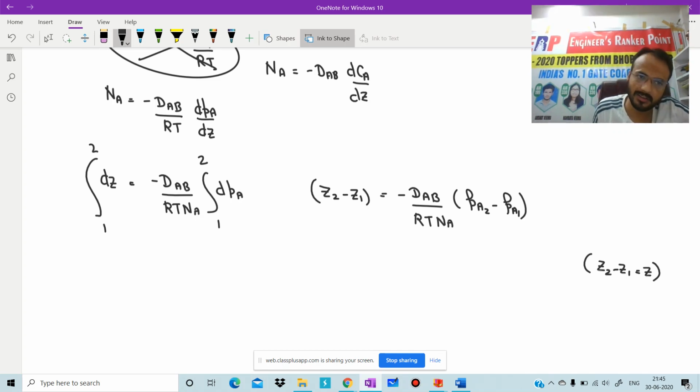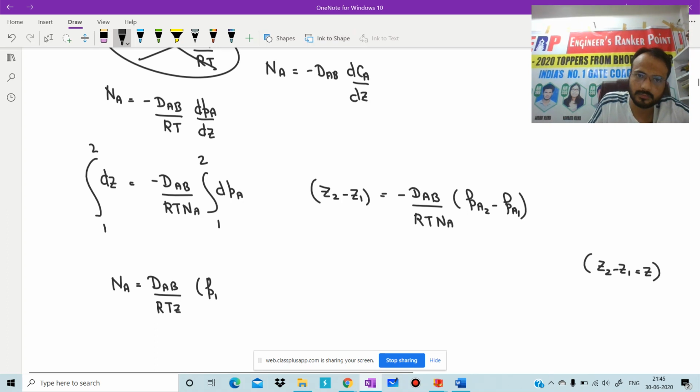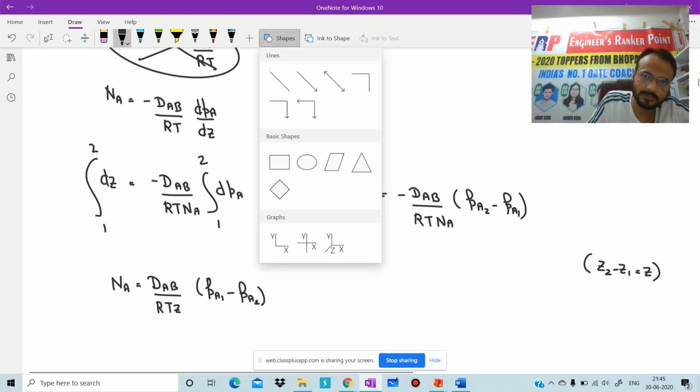So simply we can write NA is equal to DAB by RTZ into PA1 bar minus PA2 bar.